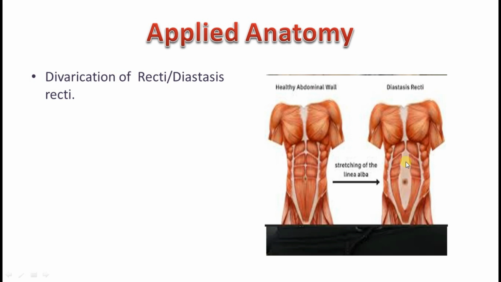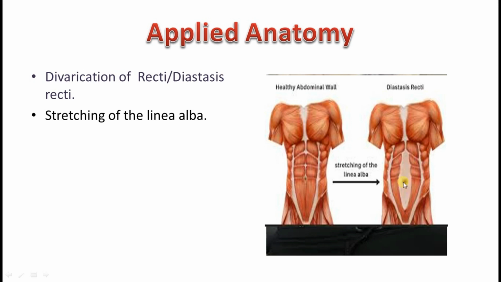In children, to some extent it occurs because the linea alba and the connective tissue part are not completely developed. It might occur in multiparous women, with multiple pregnancies. In those cases it might happen.